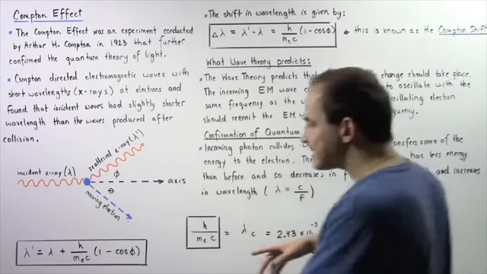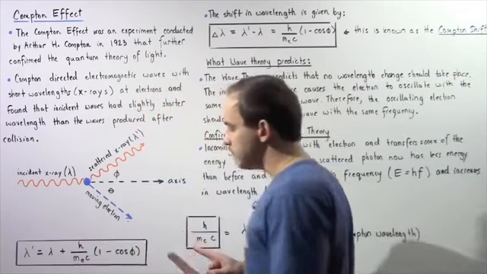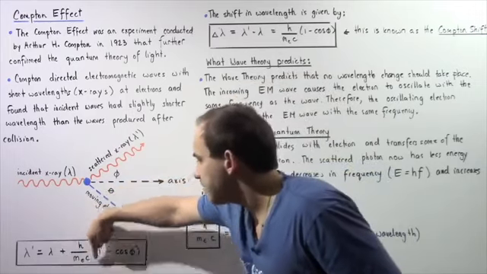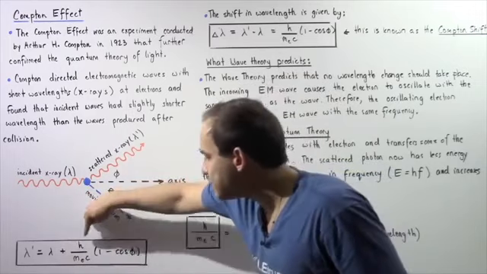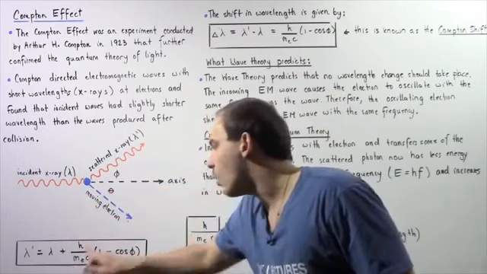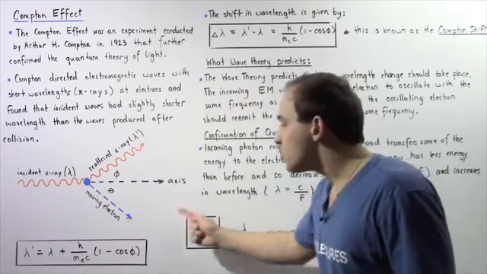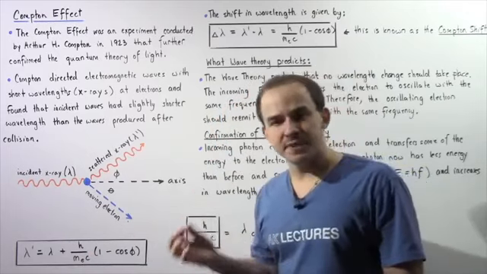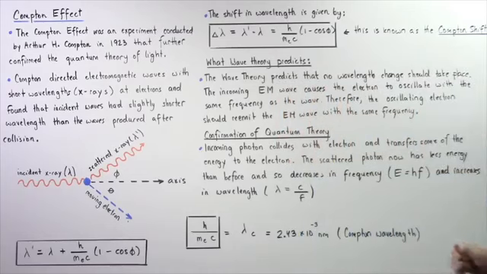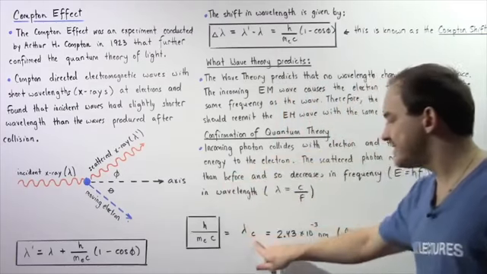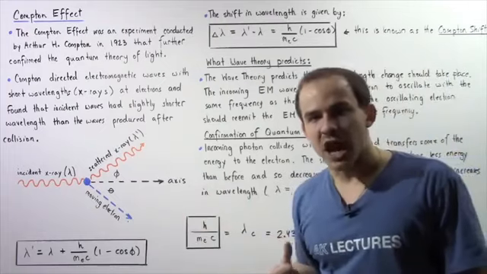Now, let's go back to this equation for just a moment. Let's examine the following ratio, h divided by m_e multiplied by c. This ratio has a specific name, and it's known as the Compton wavelength. That is given by lambda_C, where C stands for Compton.